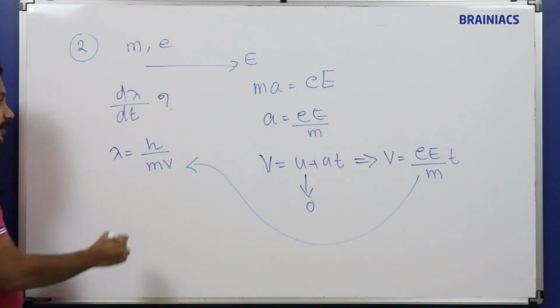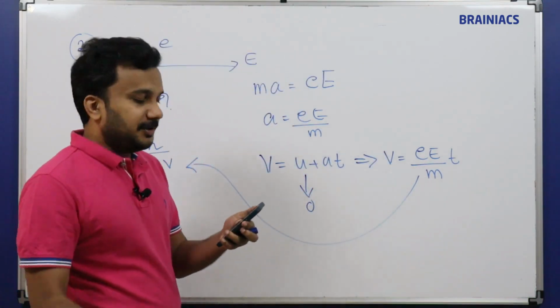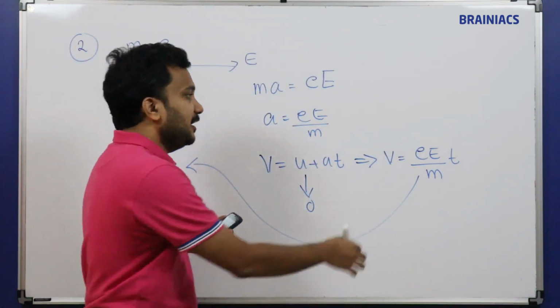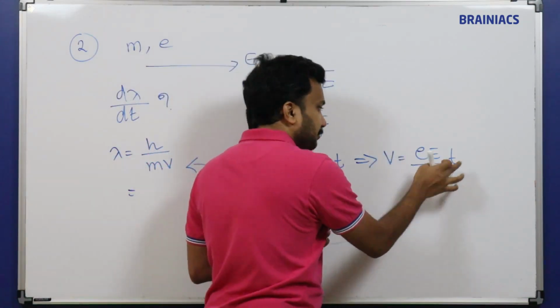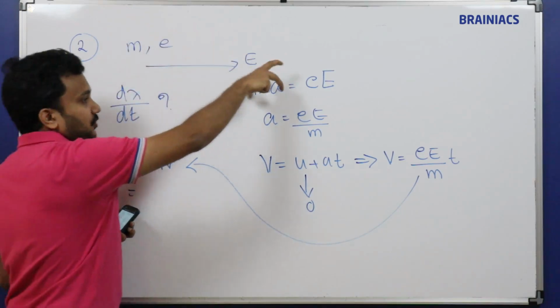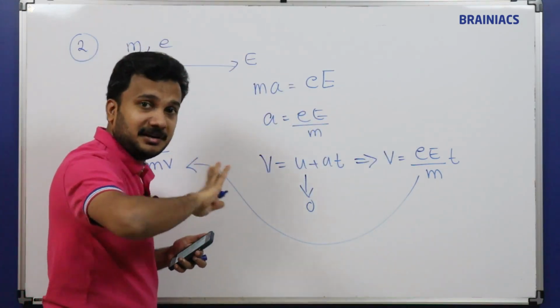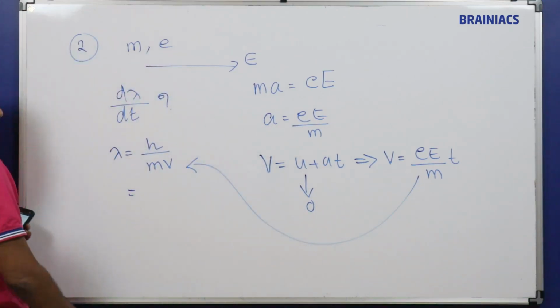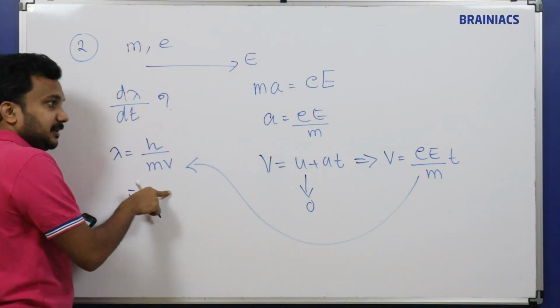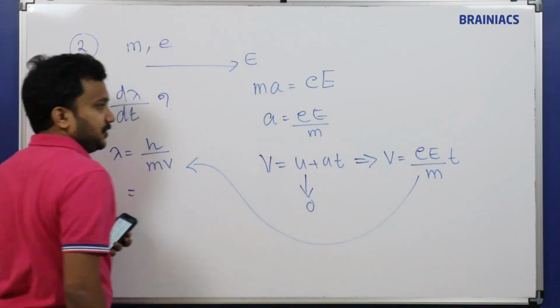Why am I doing this? If you look into the answers, they will contain capital E, m, things which are given. What all the parameters which are given in the question will be there in the answer. No other additional parameter will be there in the answer. So I want to get an answer in the form of the parameters given in the question.